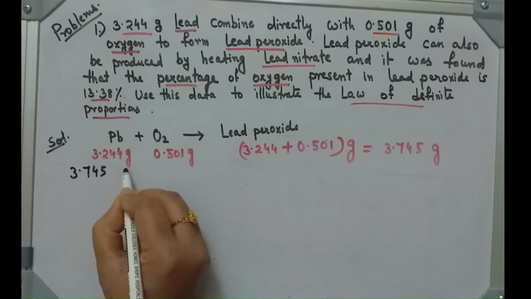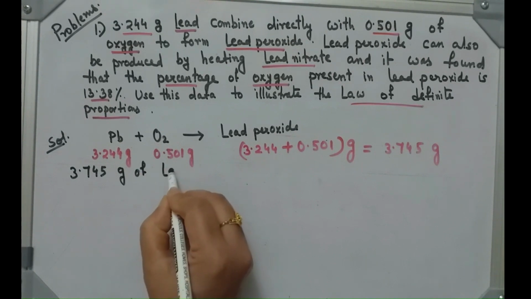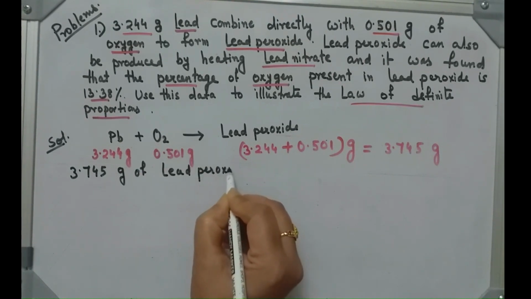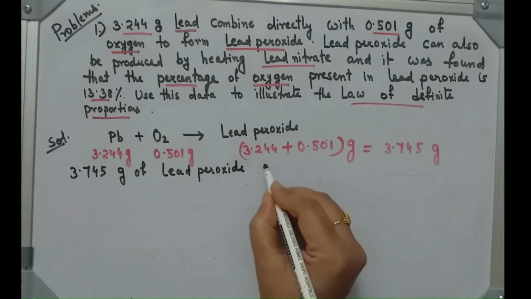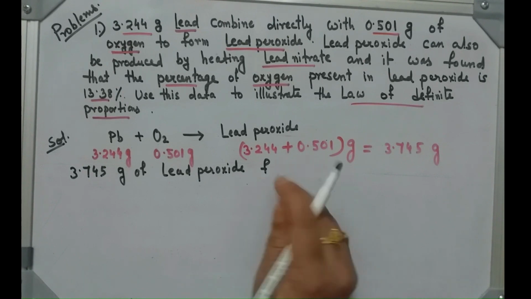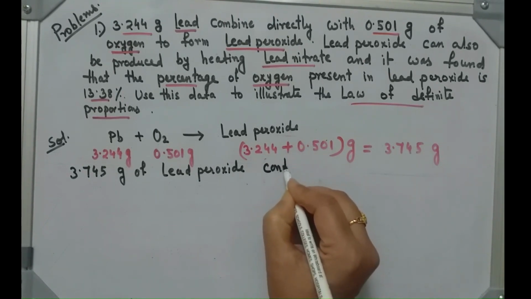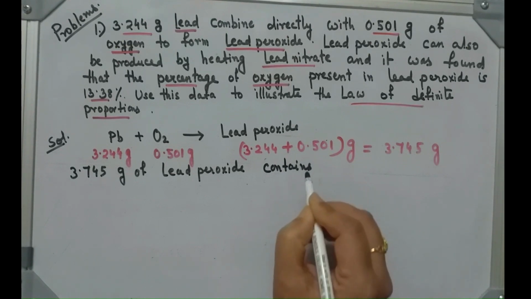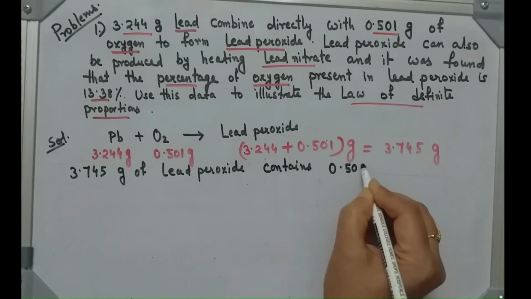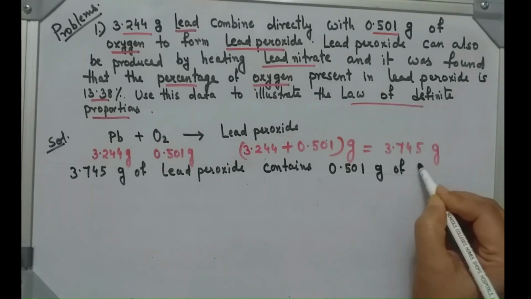3.745 grams of lead peroxide contains 0.501 grams of oxygen.